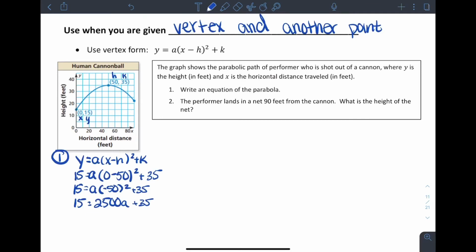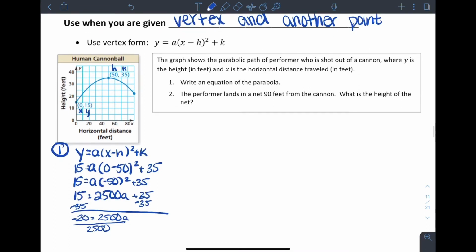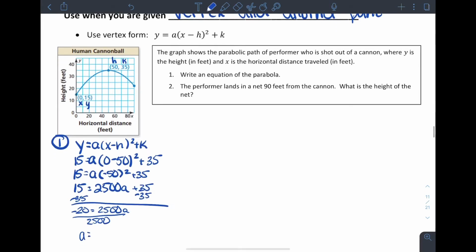So now I have a very simple equation to solve. I subtract 35 from both sides, right? I'm going to get negative 20 equals 2,500a. And then I divide by 2,500. I get a equals negative 20 over 2,500.